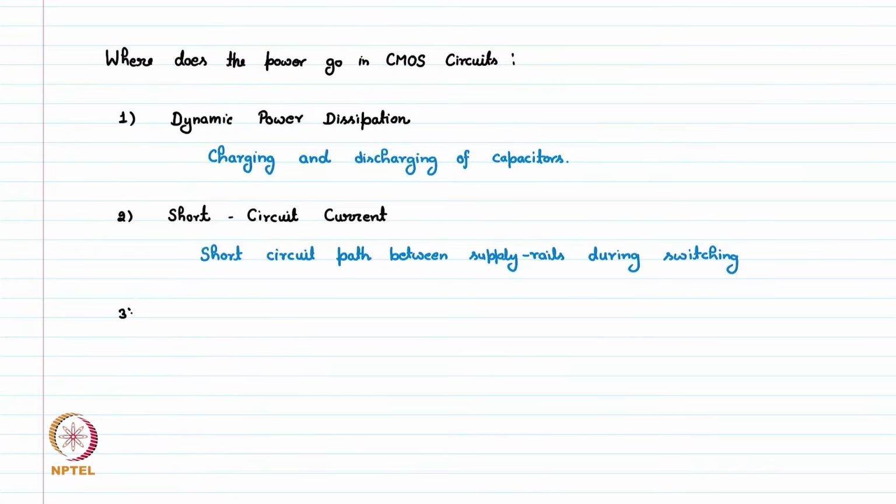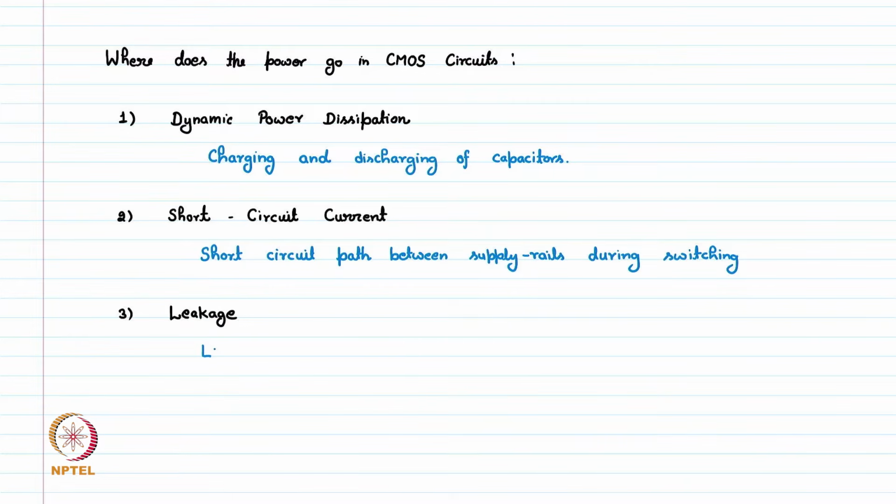And the third power dissipation is the leakage. This is because of the parasitic components in the devices. There are multiple devices inside a PMOS or an NMOS device, for example diodes and parasitic bipolars and many other junctions. Those junctions are also leaking some amount of current.